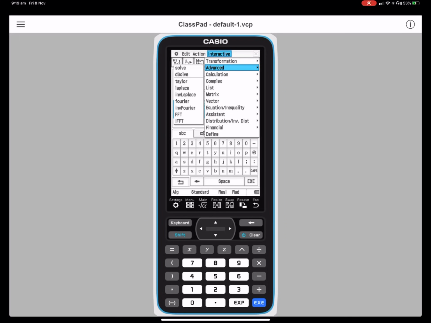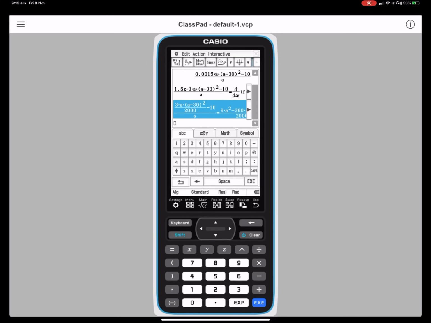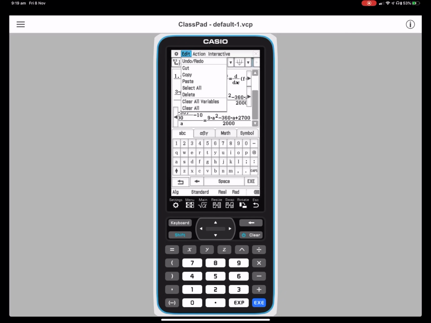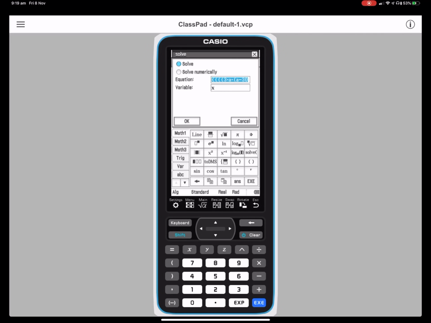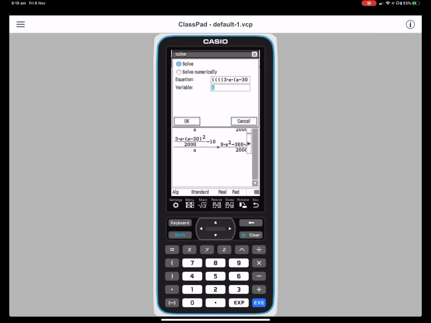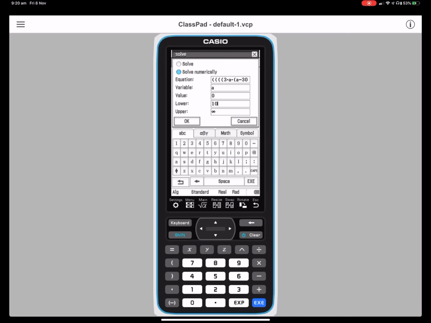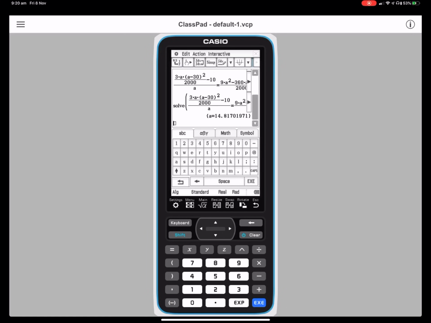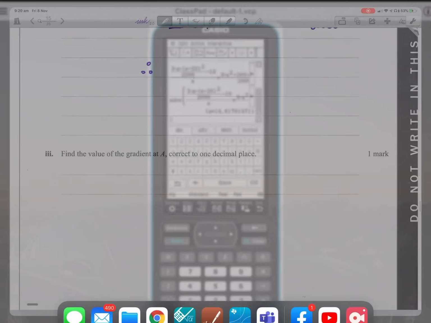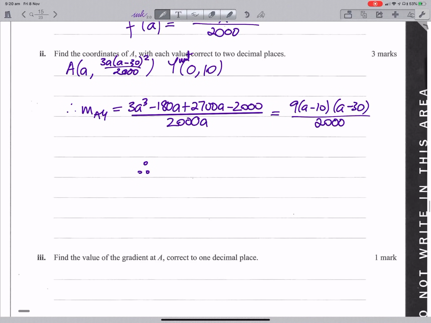Select all, interactive, advanced, solve for A between 10 and 20. So A equals 14.81.